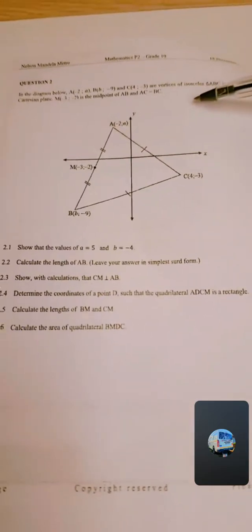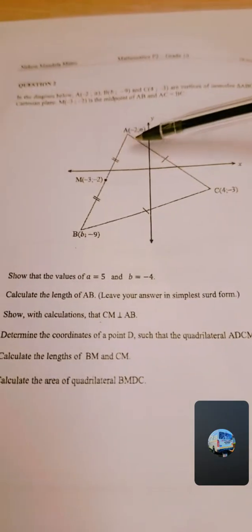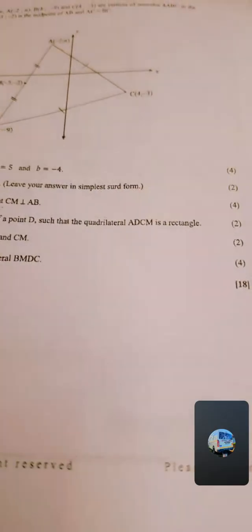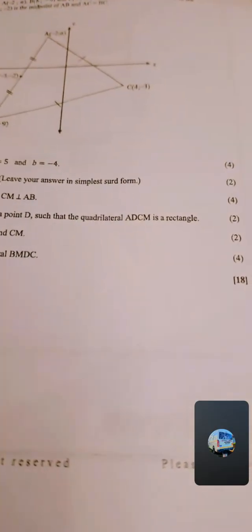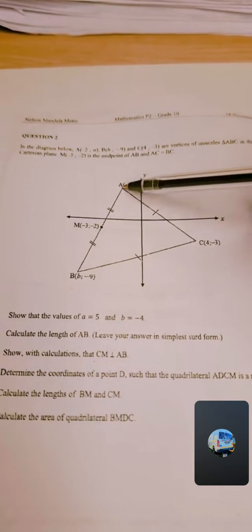So even there's this thing about orientation and the labeling of the letters for the quadrilateral, which is a rectangle. Because if you look at the way that they've labeled it, they say ADCM. Now, that would suggest that we are going in a clockwise direction because the A is here.